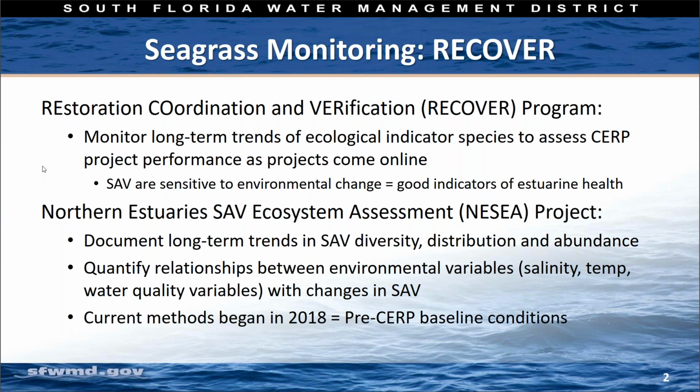It quantifies relationships between environmental variables. The current method started in 2018. We actually go back to 2008. We had new staff come on, and in 2018, we changed our monitoring methods.